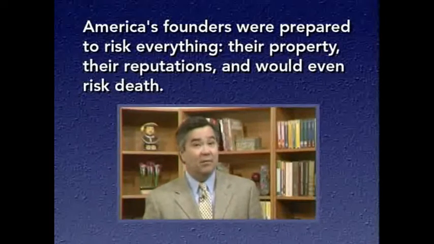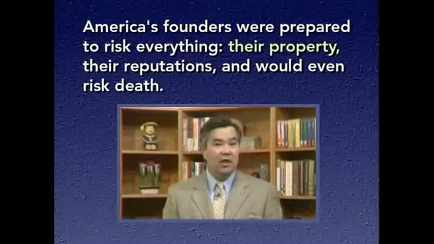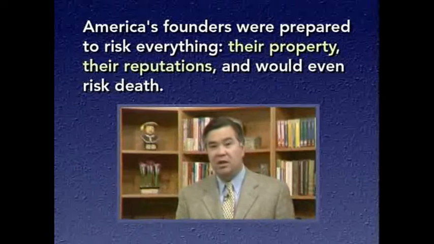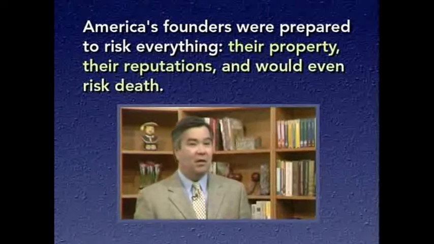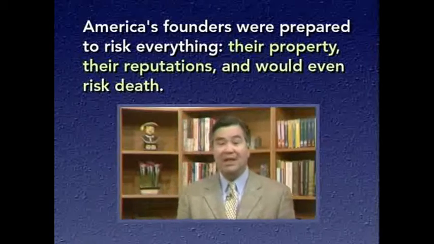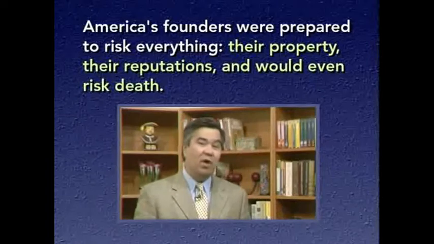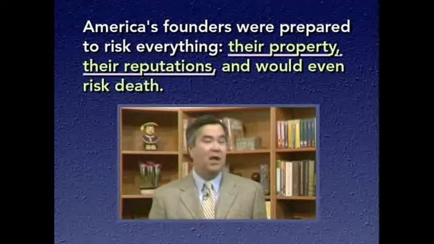Has that been done? Let's look at the 3 items that are listed in this sentence. First, their property. Second, their reputations. Third, and would even risk death. Now, are all 3 items written in grammatically similar form? Not really. The first 2 are written in the same grammatical form. Their property, their reputations.